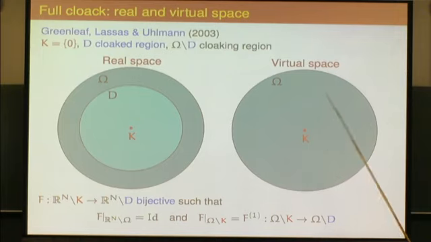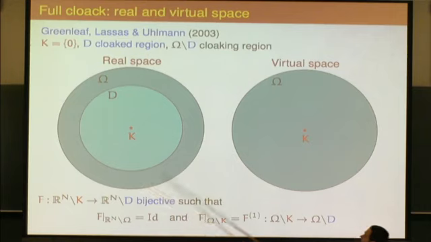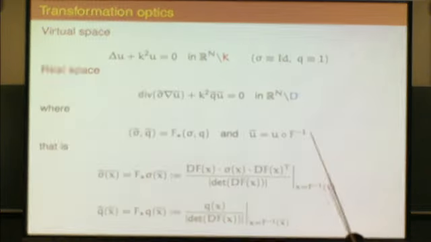I look at a virtual space in which there is only this k, and I transform this virtual space by a function f, which is bijective from Rn minus k to Rn minus D, and which is the identity outside omega, and which is some transformation which maps omega minus k into the annulus. And then what happens?